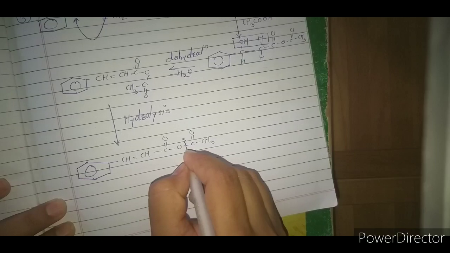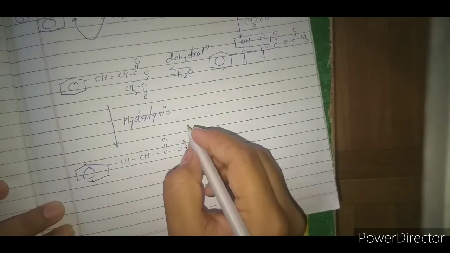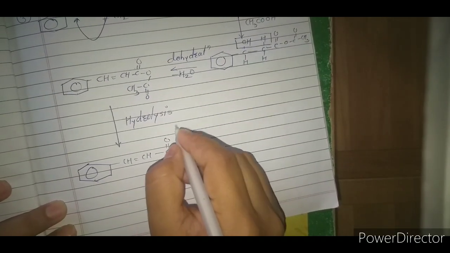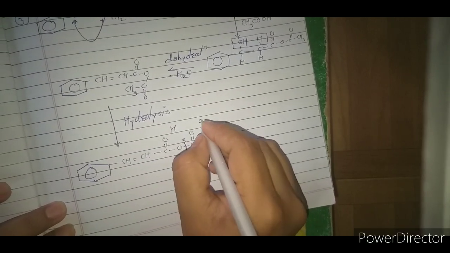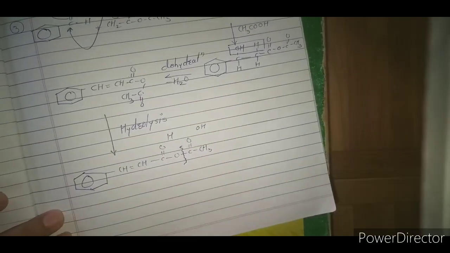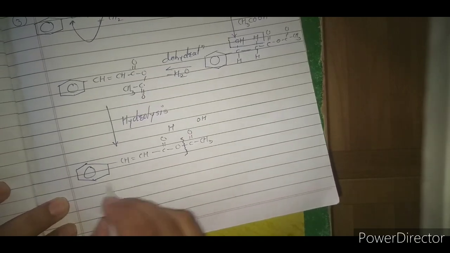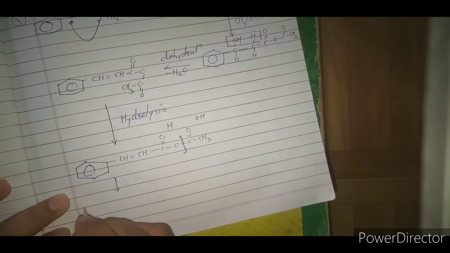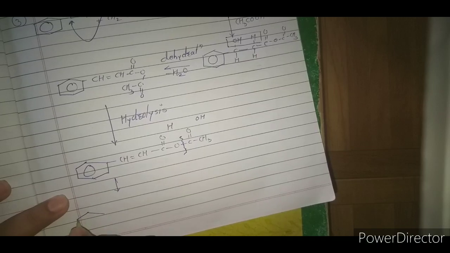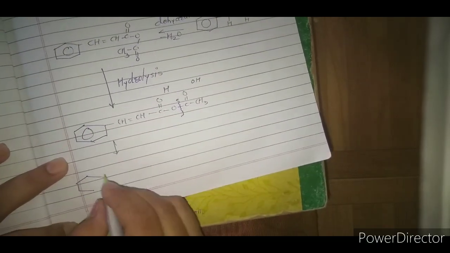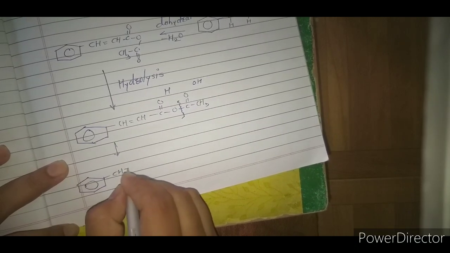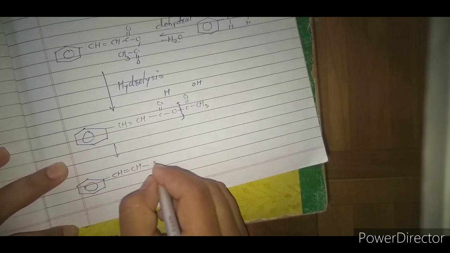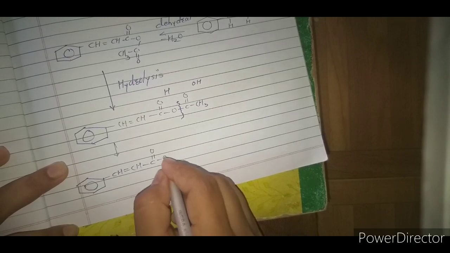So break down this compound, and proton from acid molecule goes here, and hydroxyl group from acid molecule goes here, and forms final product CH, C double bond O, OH.